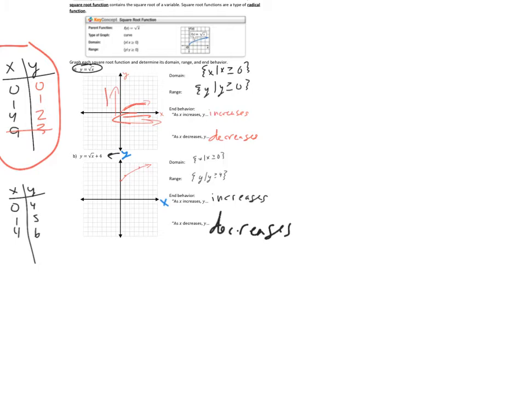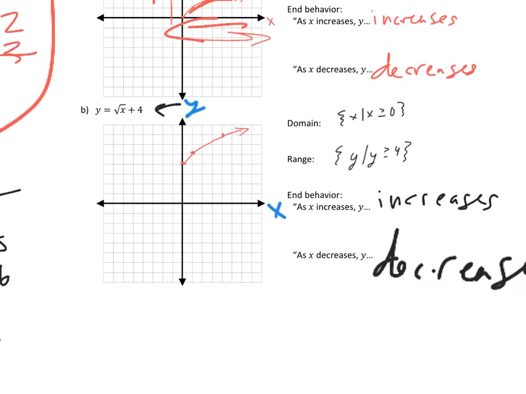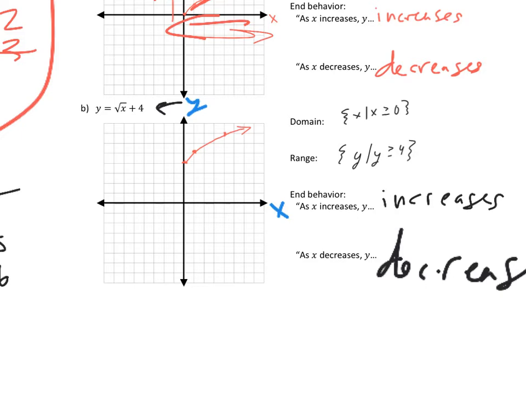And one other thing I want to mention here: as x is decreasing, as x is getting smaller, it is true that y is decreasing, but is y approaching a certain number? Y should be approaching 4. Now remember, we can't have negatives as a radicand.